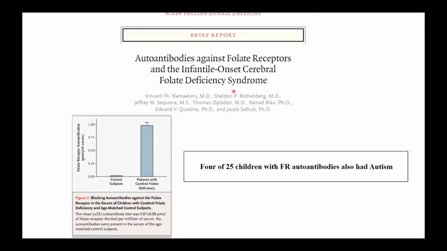Seven years later, we discovered the major cause of infantile onset CFD syndrome to be the presence of blocking autoantibodies against the folate receptor in the serum of these children, while there were no blocking antibodies in healthy controls. We then found that 4 of these 25 children with infantile CFD syndrome also had autism.